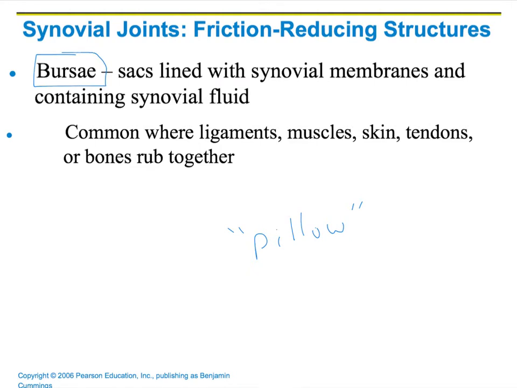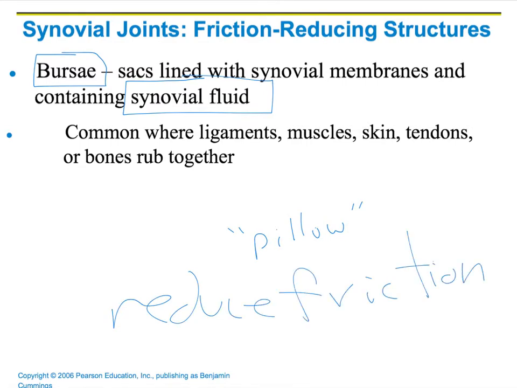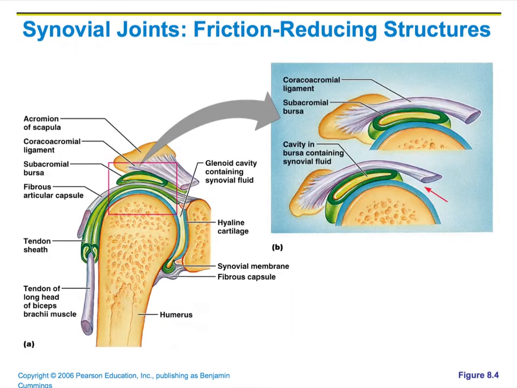These are little pillows filled with synovial fluid, and the goal is to reduce friction in a joint where there are possibly many ligaments, muscles, and bones all coming together, like in your shoulder, where you need some additional friction-reducing agent. That's a bursa. You can see here in this inset picture, we have a little pillow inserted between the bone and the ligament from another bone to further reduce friction.